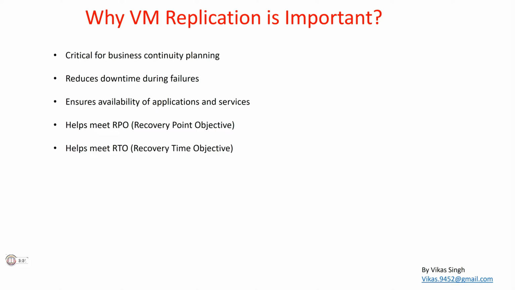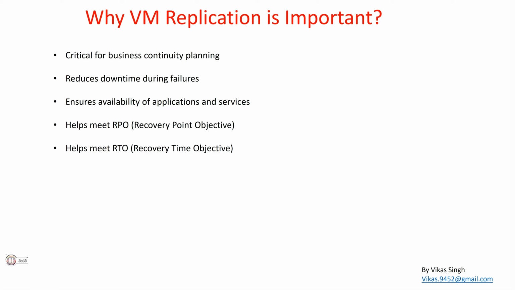Let's simplify this. RPO means how much data you can afford to lose. That is basically a restore point. RTO means how quickly you can recover, the recovery time objective.